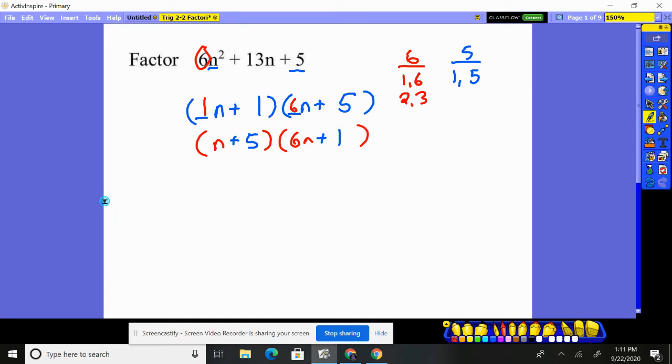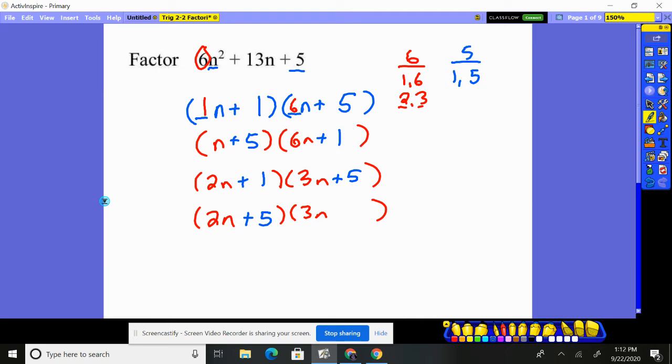Now, we also notice have the 2 and the 3. So we could have had a 2n and a 3n. And I wrote it twice because I realized that I could have my plus 1 plus 5 here, but it might be that the 5 is here and the 1 is here. Now, of these possibilities, there's only 4 possibilities. That's all that could happen.